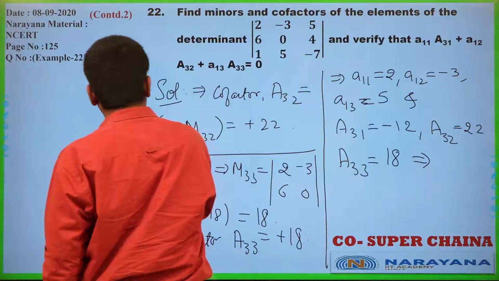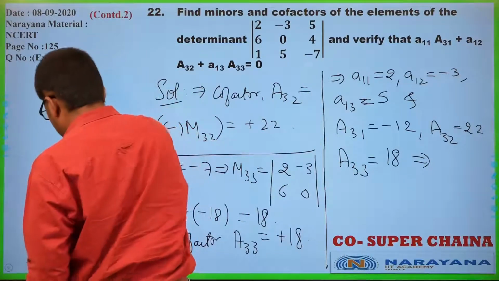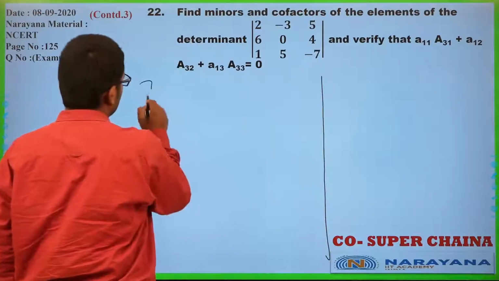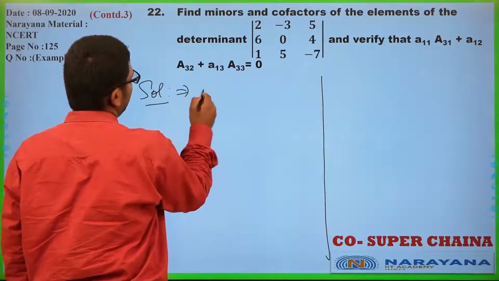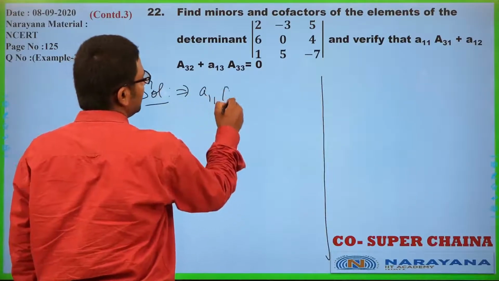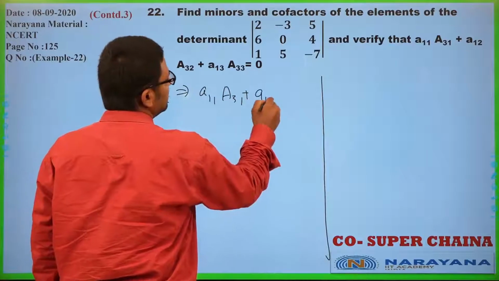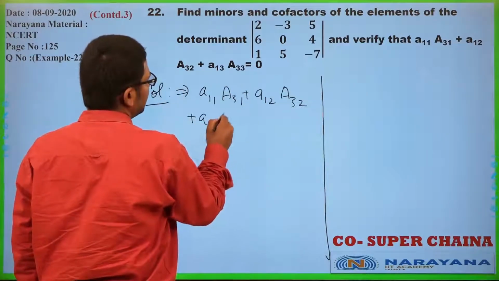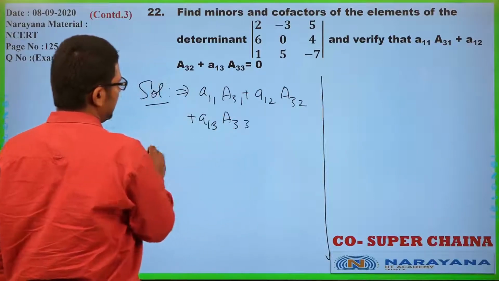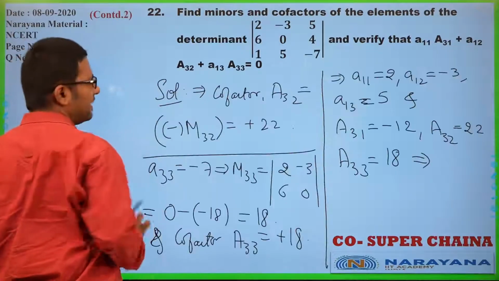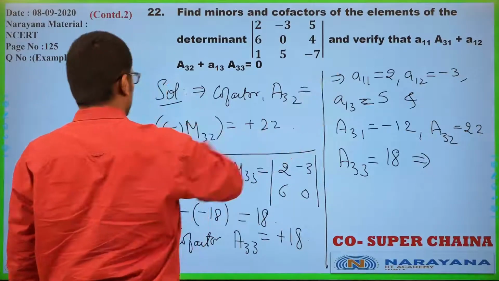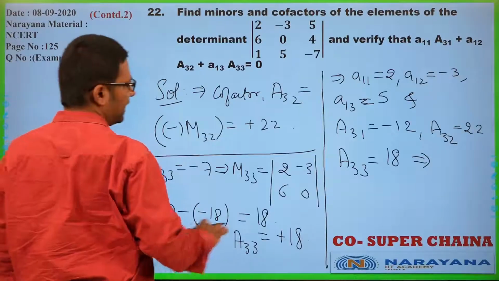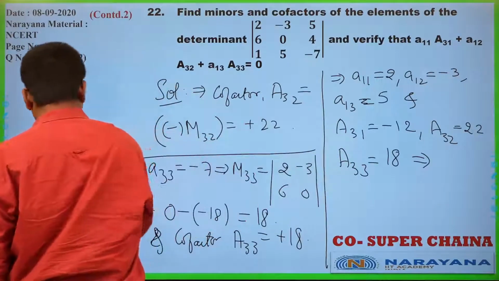Which means the expression that is being asked, right? So we have small a11 capital A31 plus small a12 capital A32 plus small a13 capital A33 is equal to, substitute all the values, 2 into A31 is minus 12.